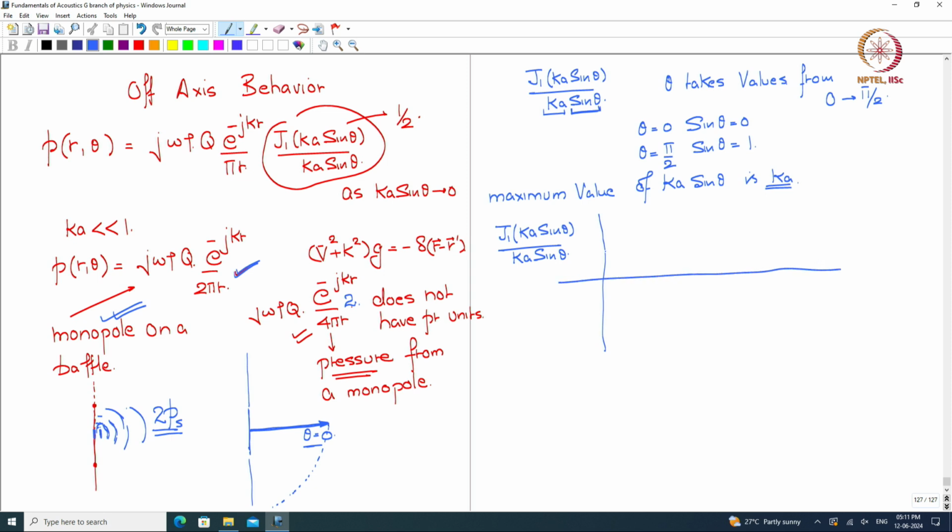It starts off at a half, and then it has this oscillatory behavior, and it starts to decay away. So this is ka sin theta.